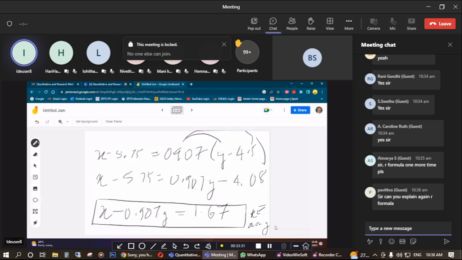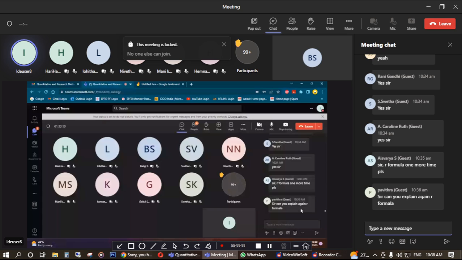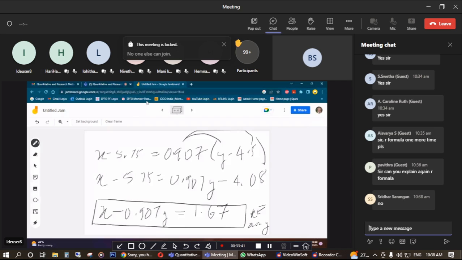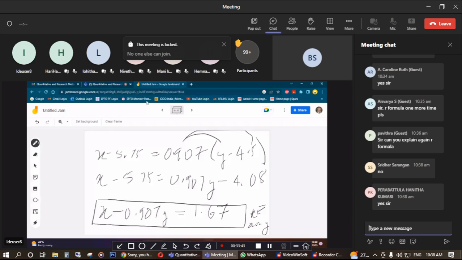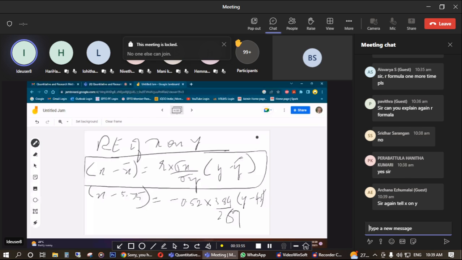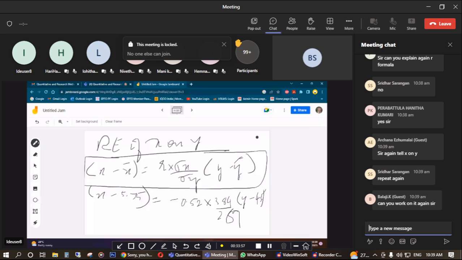Sir, can you explain the formula? I already explained the formula, Pavithra. The formula is very simple. This is the formula, the one which I have put the box around: x minus x bar is equal to r into sigma x by sigma y into y minus y bar.